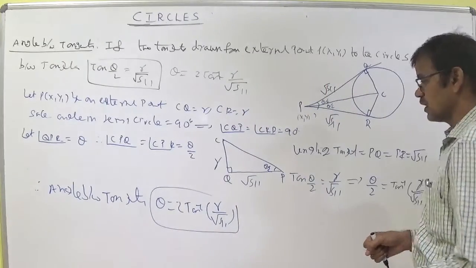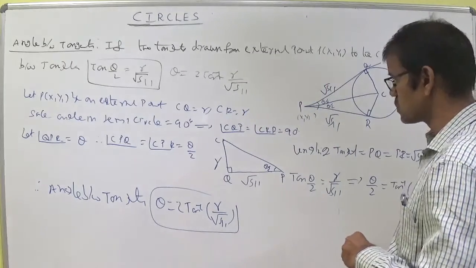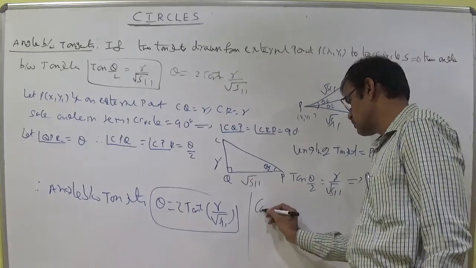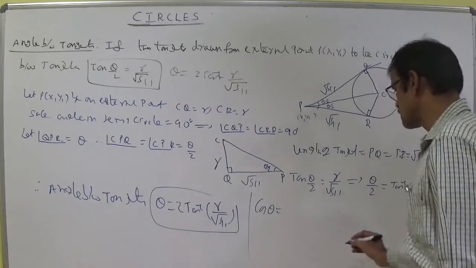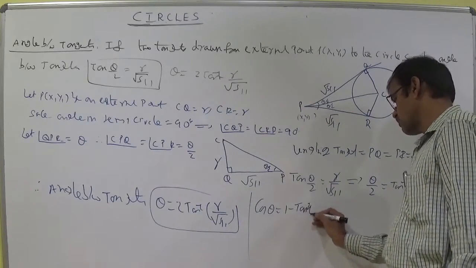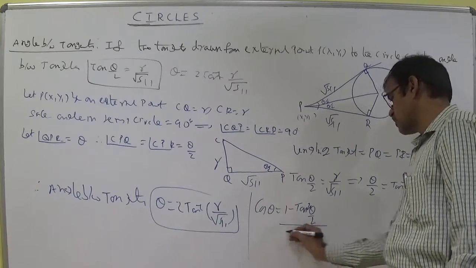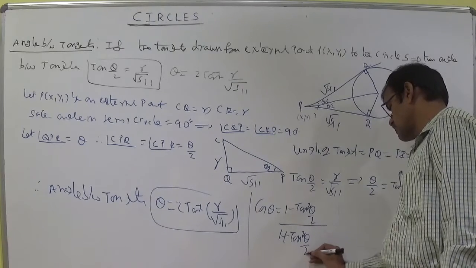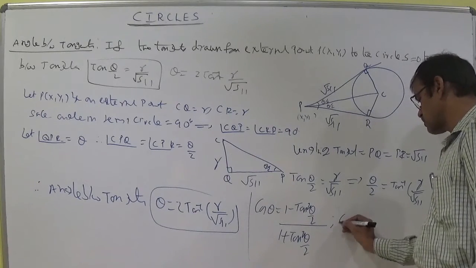Okay, now let us discuss another method. In some cases, they will give the formula cos theta = (1 - tan square theta/2)/(1 + tan square theta/2).